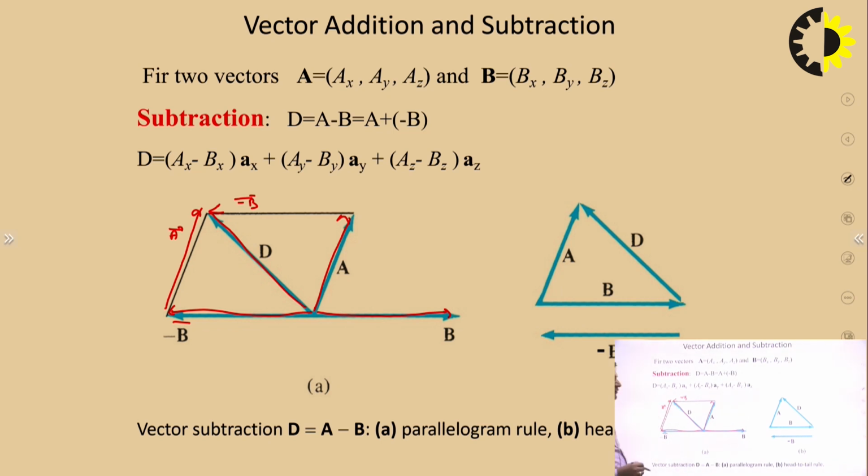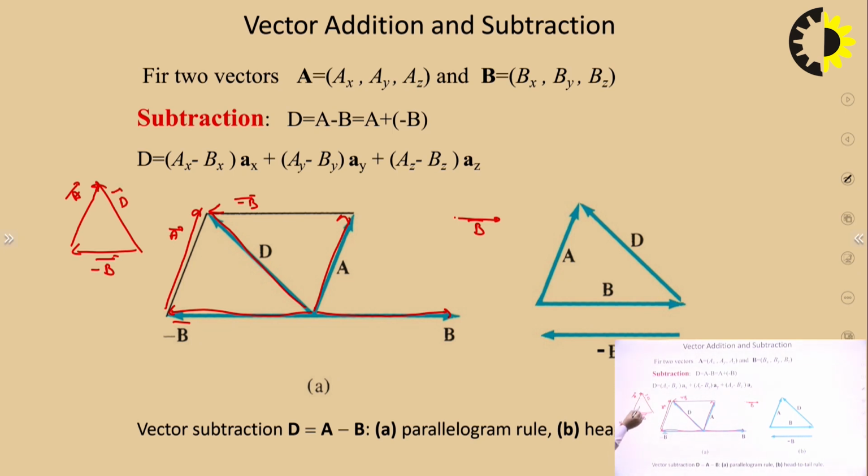And by using the head to tail rule, if this is vector b, and we draw vector minus b, its direction is here, and vector a is here, and vector d is here.